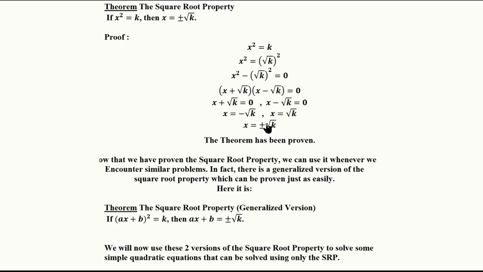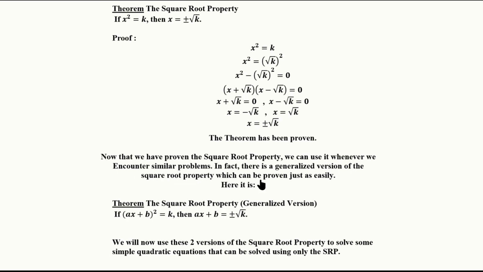We have proven it. So from this point forward, when we see an equation of the type x squared equals k, we don't have to go through all this work like we did here, or like we did in the case of x squared equals 7. We'll just go ahead and use this theorem, given that it is a proven fact which we can safely use.